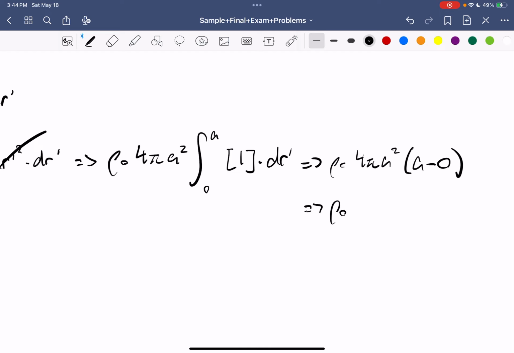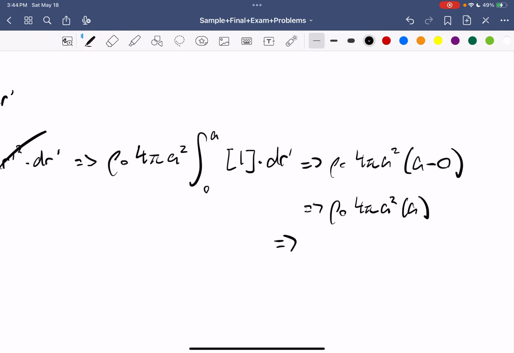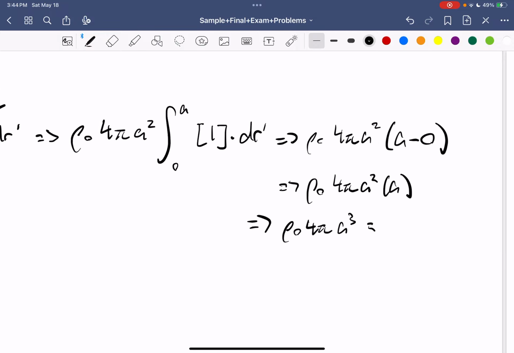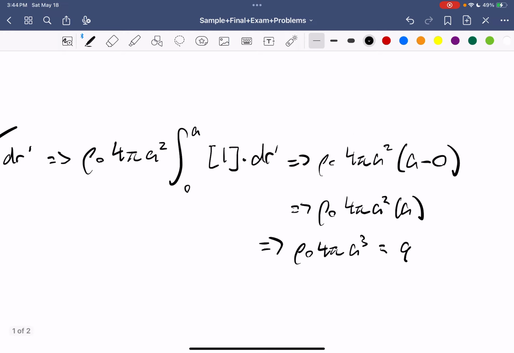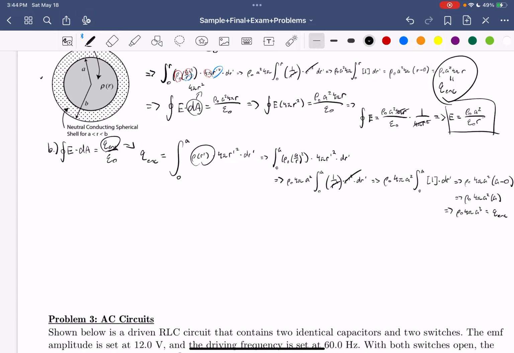So this then turns into rho naught 4 pi a squared times a. Since a squared and a can be put together, we get rho naught 4 pi a cubed equals Q enclosed.